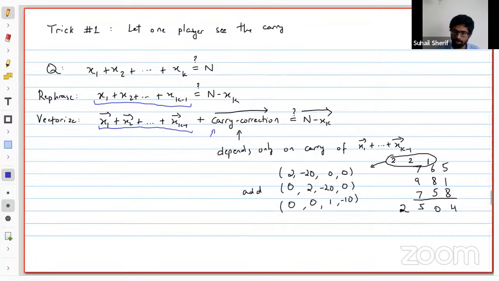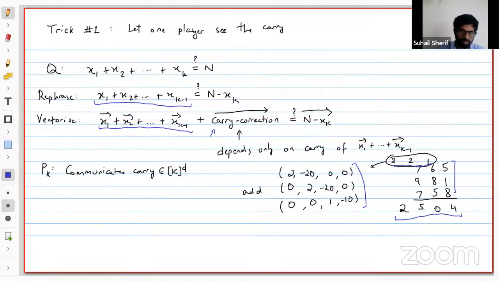So all that player k needs to do is add these k minus 1 numbers, find out what this carry vector is, and then tell the other players. Once the other players know the carry vector, they can just add these up as vectors and ask, is it equal to this target vector, which is an instance of vector exactly n? So that's exactly how you can think of this communication protocol.